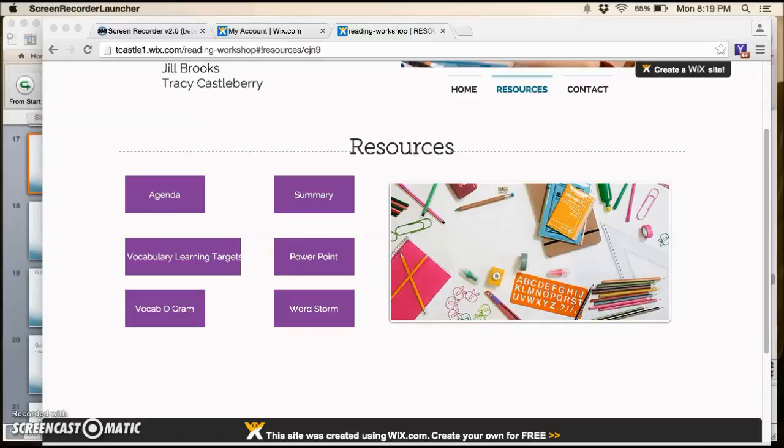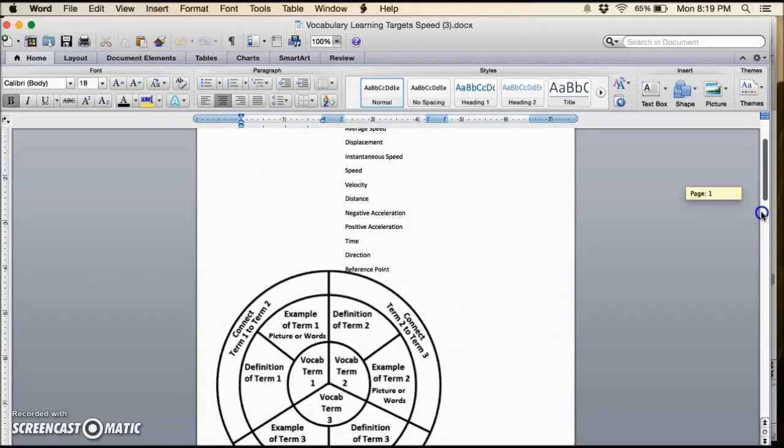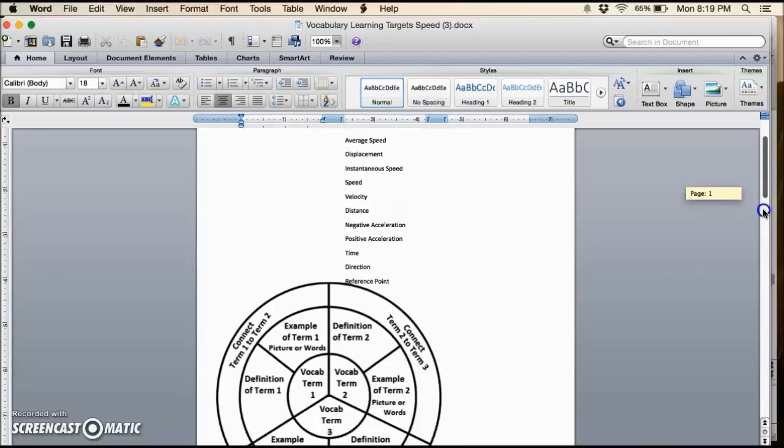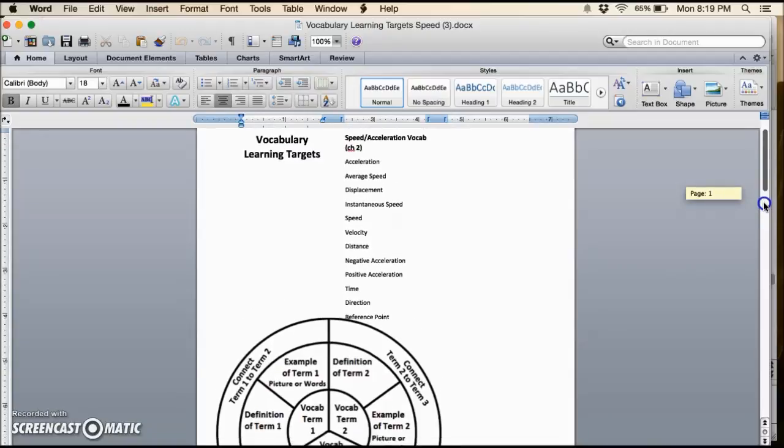The vocabulary learning targets. Now, I'm a high school teacher, so these are geared towards high school, but it's a Word document, so you can go in and erase the words and put any words you'd like on there. So this is actually my unit on speed and acceleration.